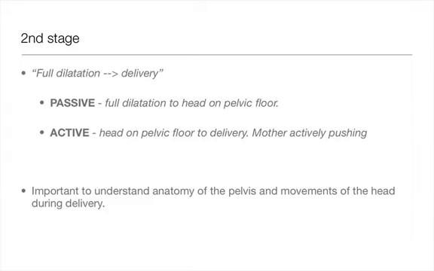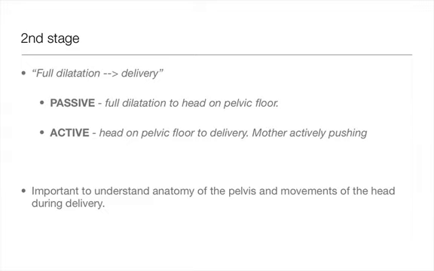And the active part is where the head is on the pelvic floor, causing the mother to feel the urge to push, and this often becomes uncontrollable and she pushes. There are two types of pushing, undirected and directed, and increasingly it is thought better that the mother should push as she feels like, rather than holding her breath and being shouted at by the midwife and her attendants.